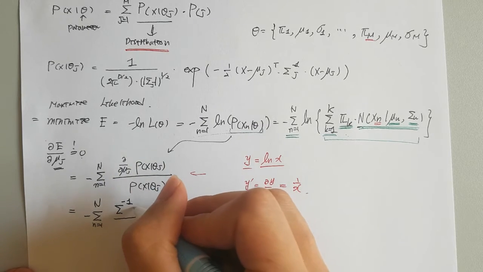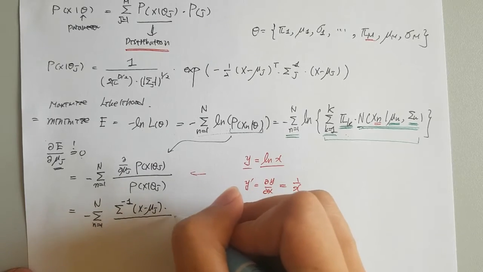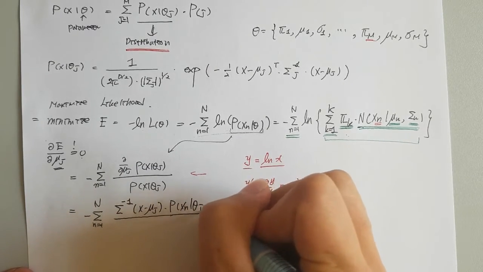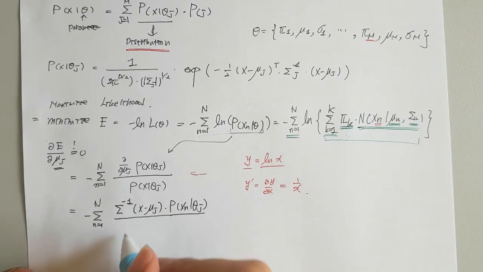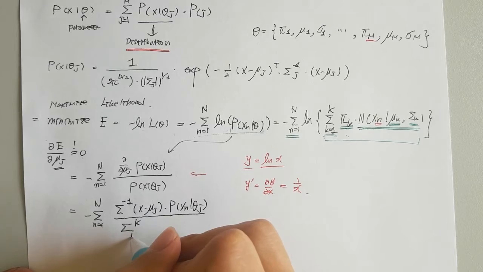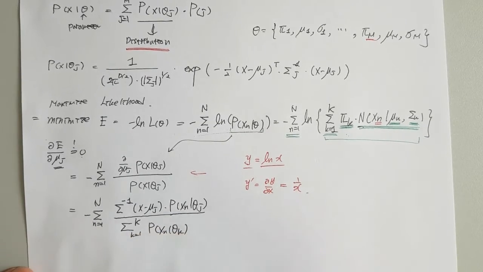Here, covariance and x minus mu j. This is the coefficient after the derivation, p of xn given theta j, over the sum over large K, small k, of p of xn given theta k.